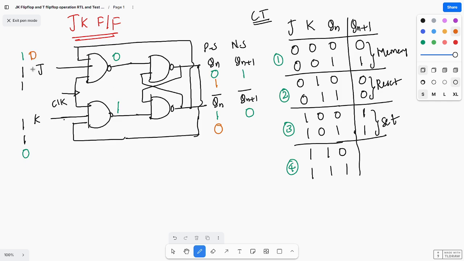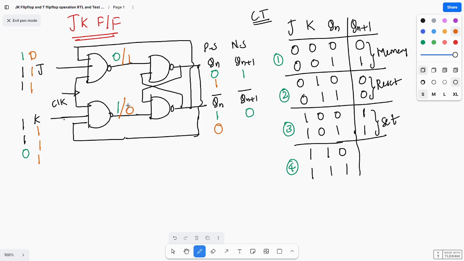This is 0, J is 1, and clock is 1. And next here K is 1, clock is 1, and here you are taking Qn as feedback. This is 1. So 1 bar means 0, and 0 bar means you are getting 1 here.